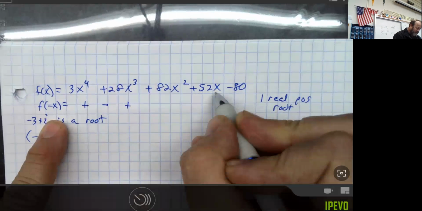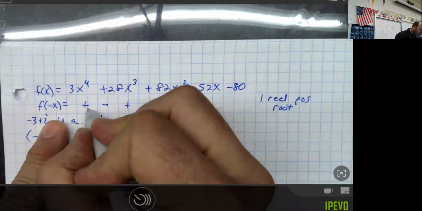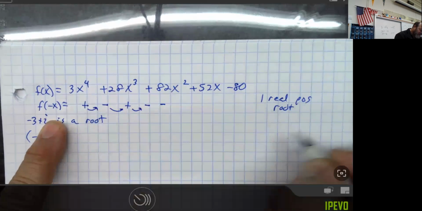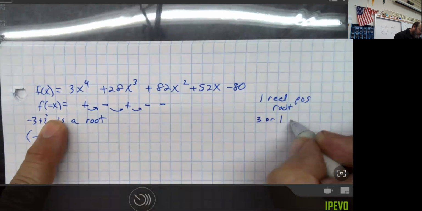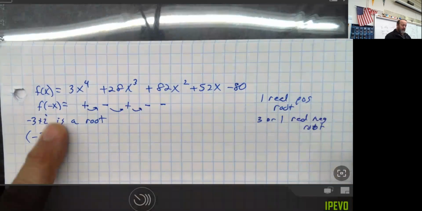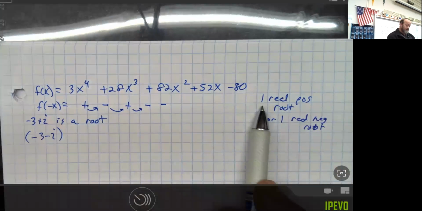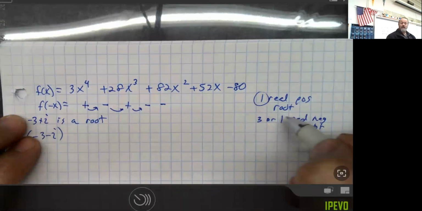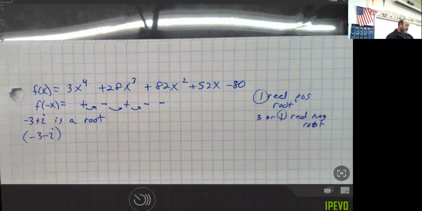A negative times a positive is a negative, and it stays negative. And notice that I had 1, 2, 3 sign changes. So Descartes knew there were either 3 or 1 real negative roots. But we actually know better, because there could not be 3 reals and 1 real for 4, since we had 2 imaginary. So we know there's going to be one of these and one of these, and we're going to figure out what those 2 real roots are in a moment.